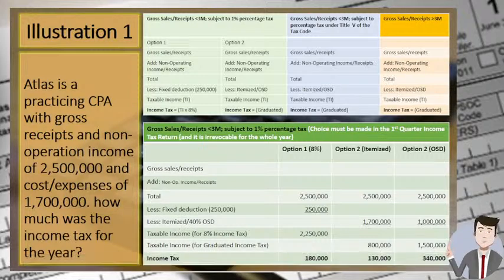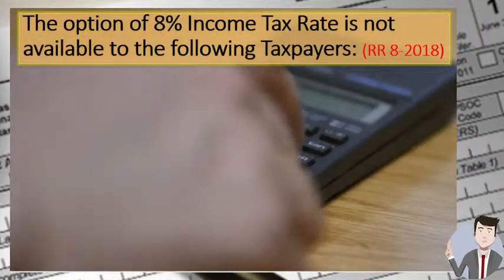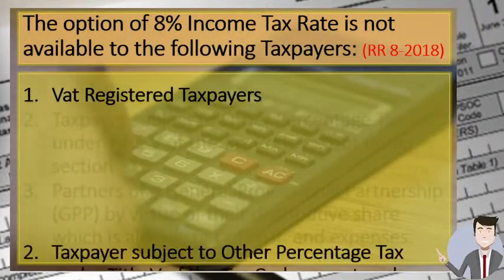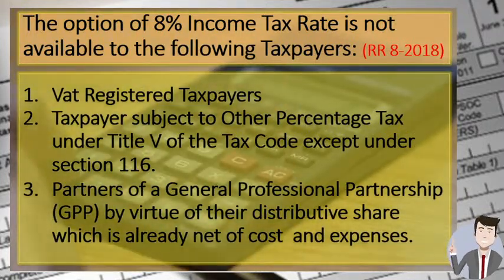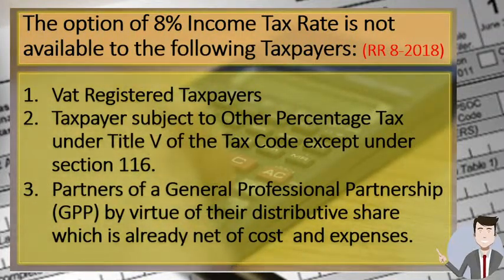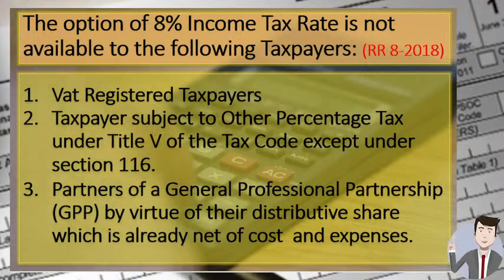Then, in computing the GPP's net income, naturally the net expenses are already deducted, right? Then they divide it. As for partner A, if he uses the 8%, it will go into his gross income, minus the 250,000. So, double deduction. So, logically speaking, we can see why the law prohibits the distributive share of partners under the GPP from claiming the 8% income tax rate option.